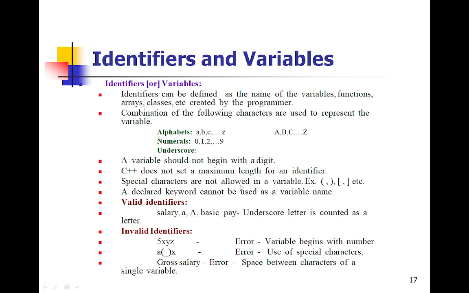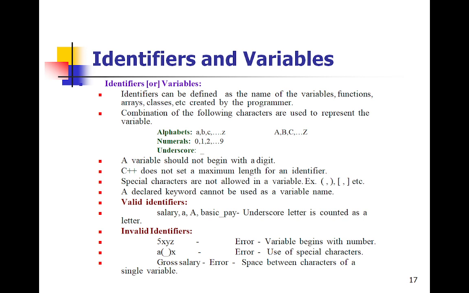The variable should not begin with a digit. So there are some conditions or constraints we have to take care of when declaring variables, or otherwise your program will not run. It will show an error, and variable initialization issues may arise.